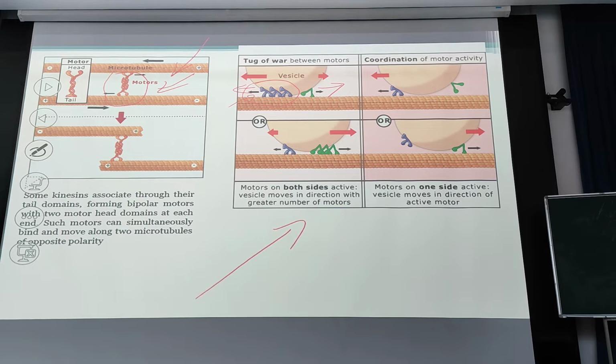And in whichever way we have more motor proteins, the vesicle will move in that direction. And in the second part, both sides of the vesicle have motor proteins, and they work by the connection, by the complex of these motor proteins.